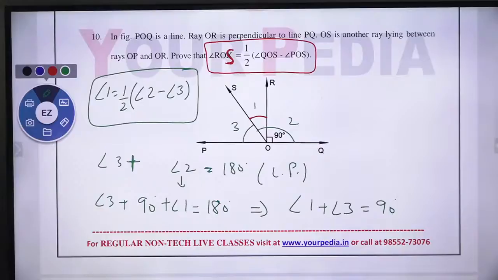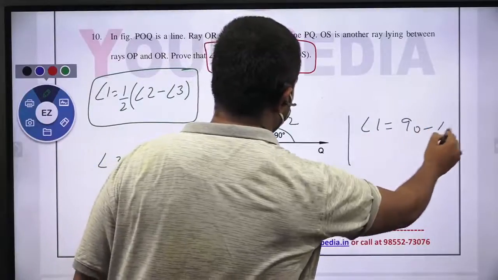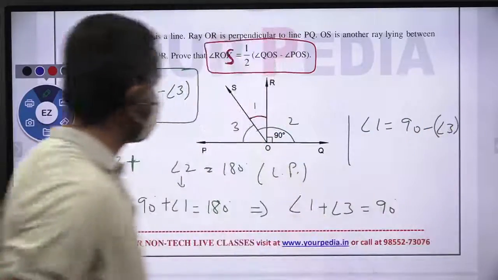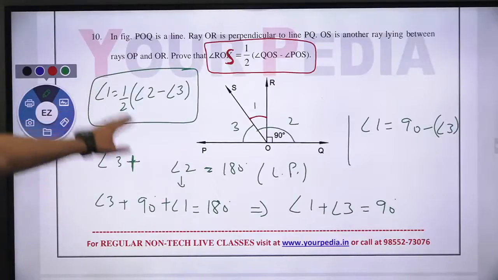So we need to find out the value of this. So angle 1 will be 90 minus angle 3, but we need to prove it this.